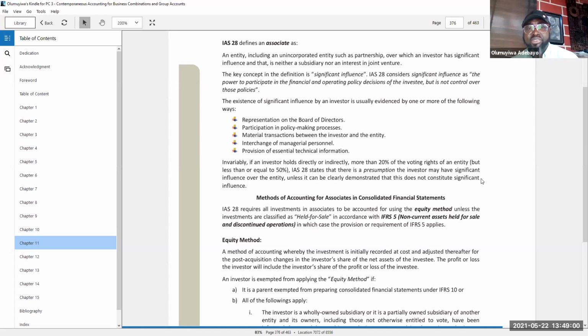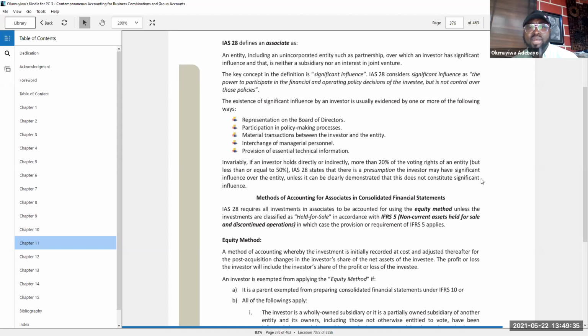Another perspective to which the standard views significant influence is no matter the medium or manner in which you start to participate in the policy-making process of that entity, it means you are involved deeply in its financial and operating policies. And therefore, in that instance, you have a significant influence, regardless of your threshold.